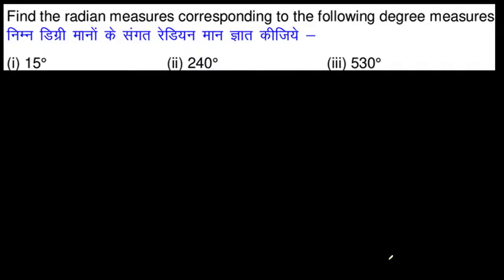Now we have a few questions. We are given some degrees and our aim is to measure the corresponding radian. 1 degree is equal to pi by 180 radian. Question 1, 15 degrees is equal to 15 multiplied by pi by 180, which is pi by 12.